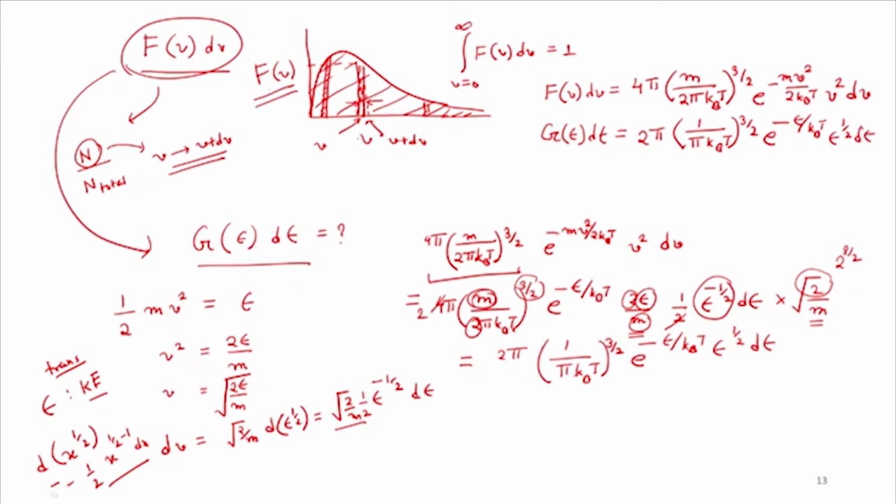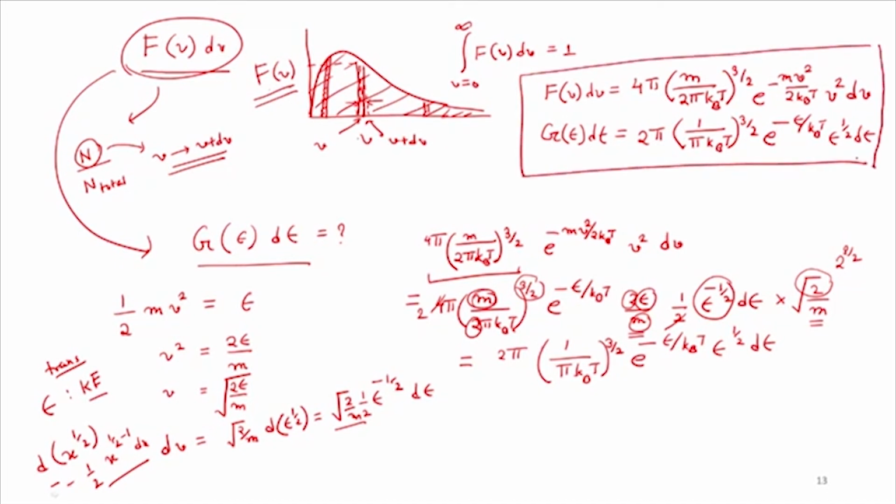And you see that this energy distribution will also have a shape something like this. It has an exponentially decaying function, but if I plot g epsilon versus epsilon, there will be a decaying function, but that decay is not too fast like the Maxwell-Boltzmann distribution, and the rise is also not too fast.